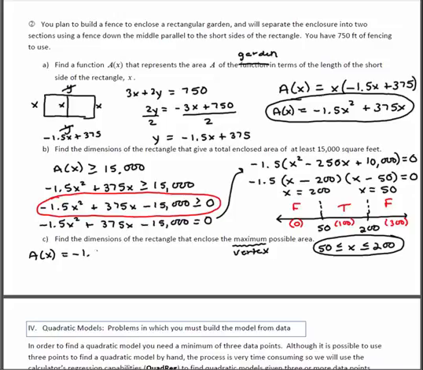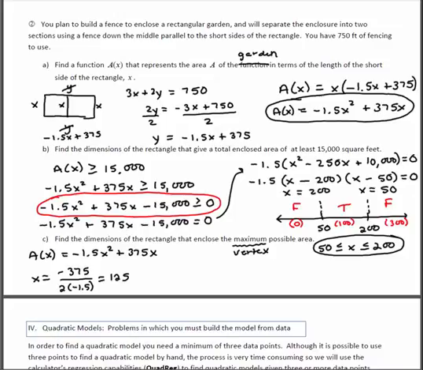It was negative 1.5x squared plus 375x. And again, I could graph this and find the vertex using that maximum feature, but this time I'm going to do it by hand. I'm going to say x is minus b over 2a, which would be negative 375, divided by 2 times negative 1.5, and that happens to come out to 125.